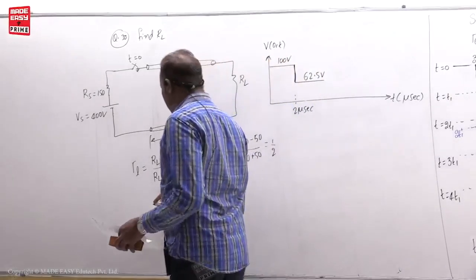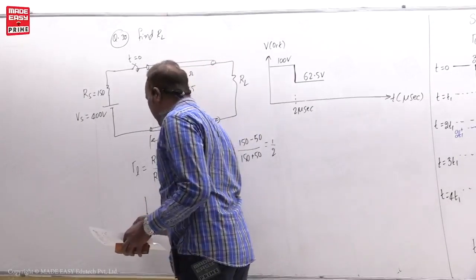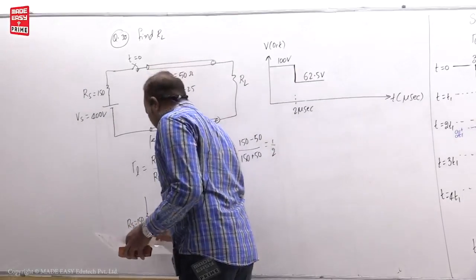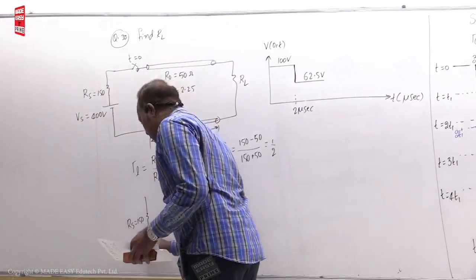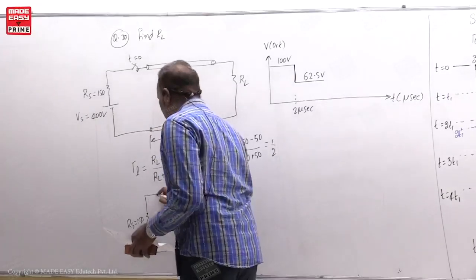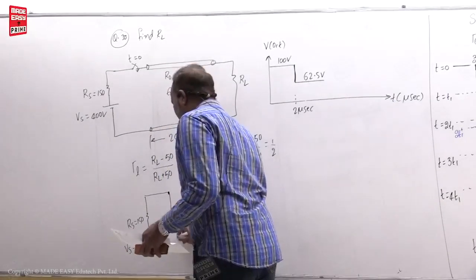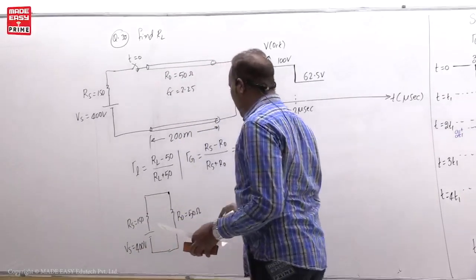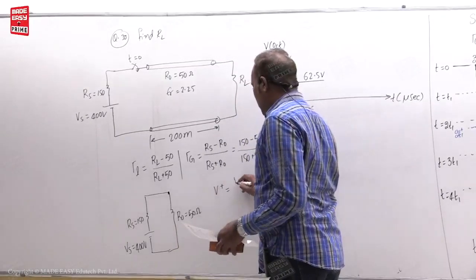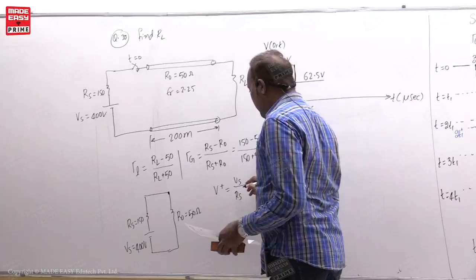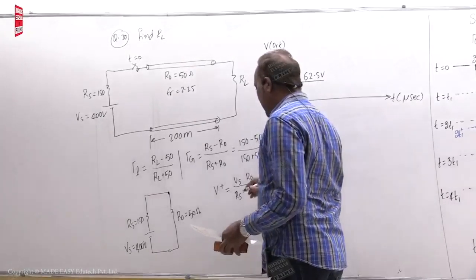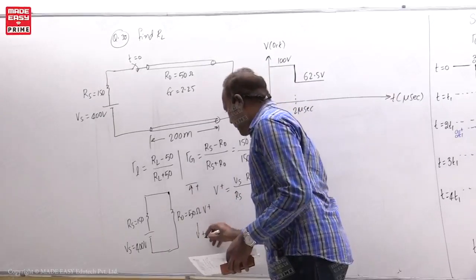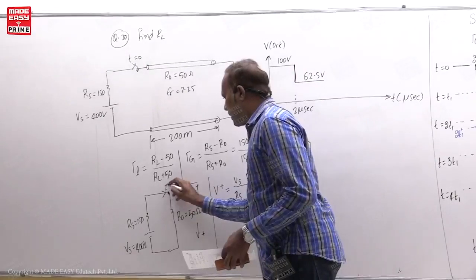Now what is V plus, student? If you want, I will draw the equivalent. RS is equal to 150, and this one is Vs equal to 400 volt. Now at t equal to 0 time, the source experiences the characteristic impedance as the input impedance of the transmission line. V plus means the voltage here, and I plus means how much current is there.